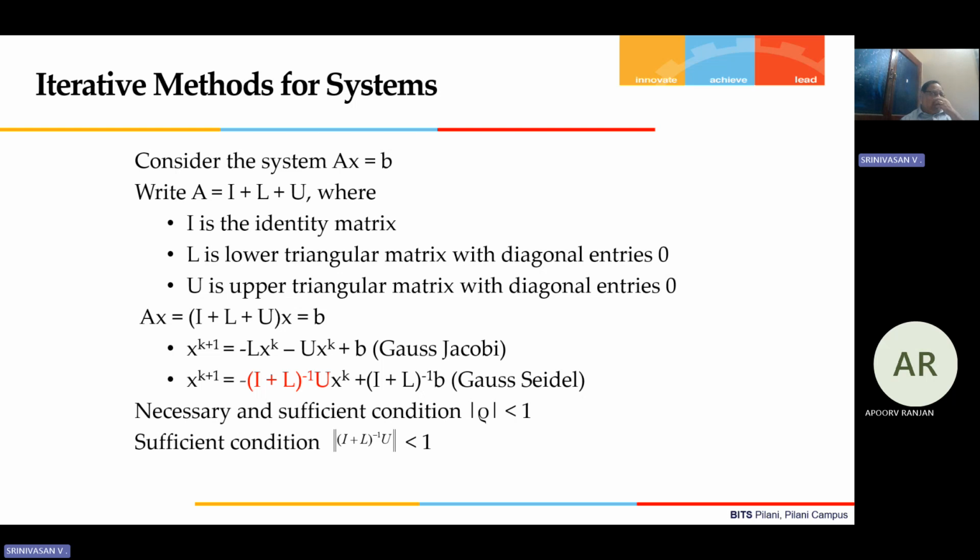If A is a matrix of order 3 by 3, the inverse of I plus L will be 3 by 3, multiplied by U of order 3 by 3, you get a matrix of order 3 by 3. And what is its norm? Which norm will you be finding? That is important, whether suffix 1, suffix infinity, or suffix 2. That we will see now.